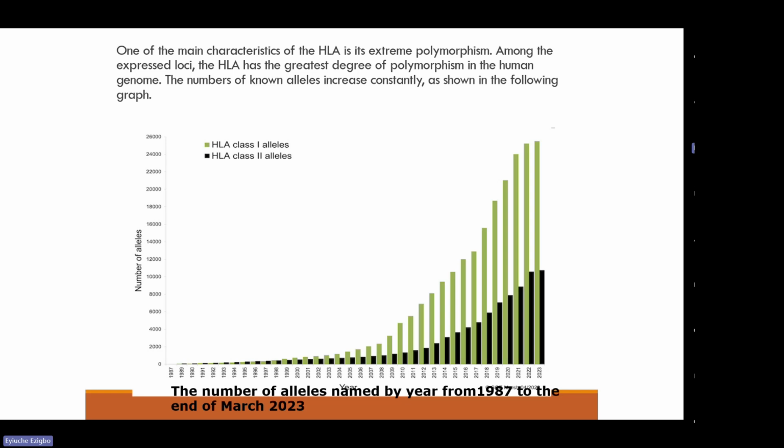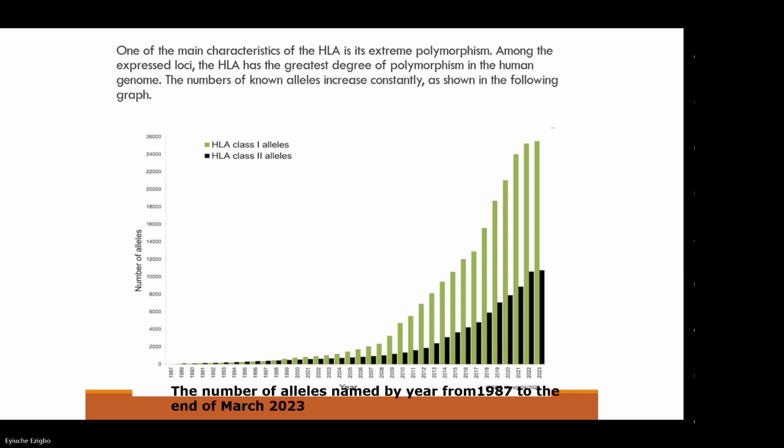You can see that the number of alleles being discovered in this complex is increasing every day. I've not even updated this; this is at 2023. If you search now for the 2024 HLA alleles that have been discovered, you will find that it keeps increasing because it is a complex that is highly polymorphic. It exists in different forms.